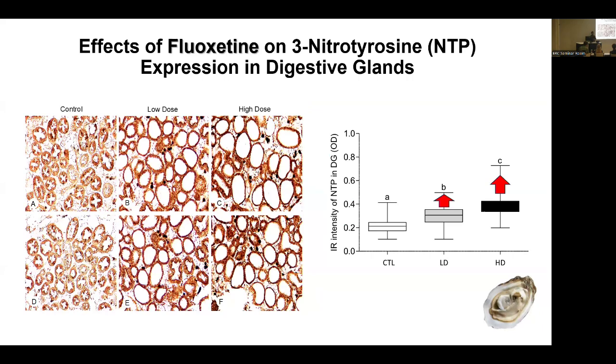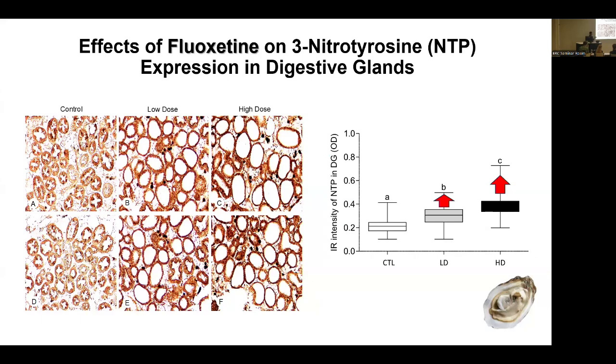I basically determined the 3-nitrotyrosine protein expression that is normally produced because of the effects of different substances like pollutants, chemicals, heat stress, and pharmaceuticals.